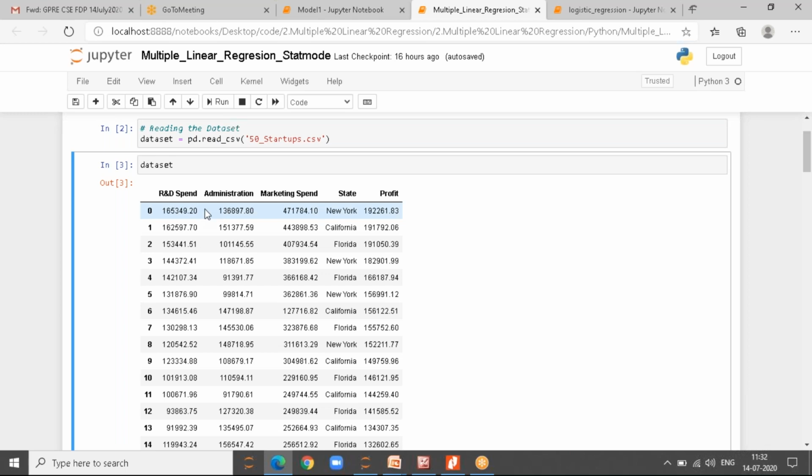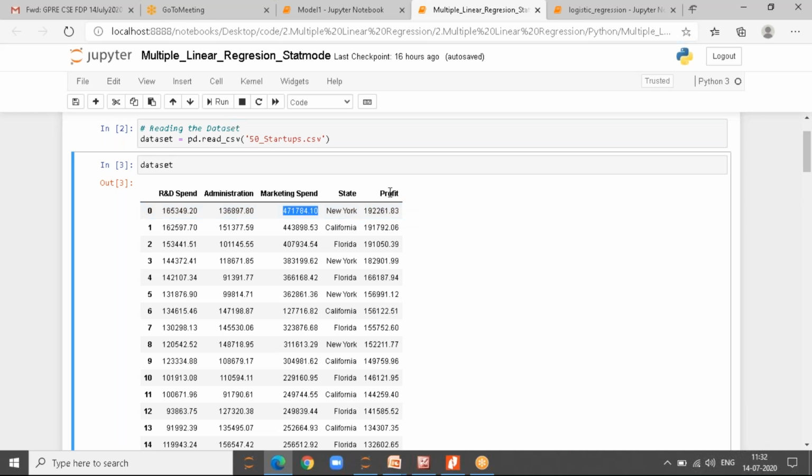For example, if I put this much amount on R&D, this much on administration, this much on marketing, and the state as well, these are the input things, and this is the profit that I am about to earn.